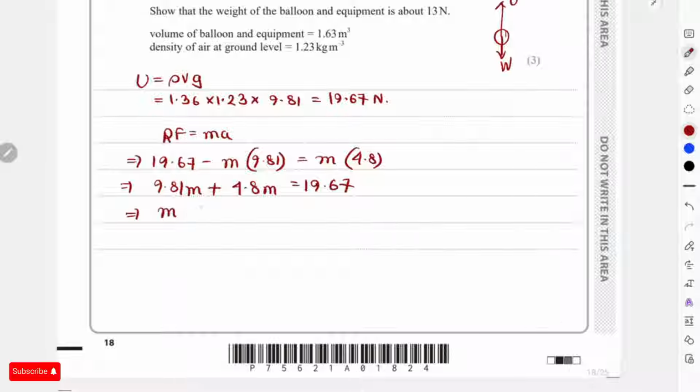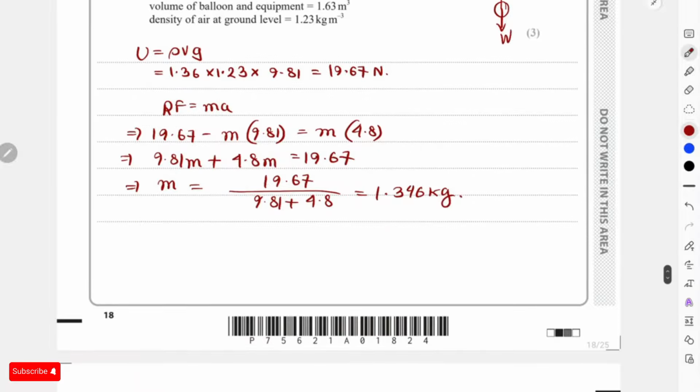Okay, I'll take m as the subject, and that will be basically 19.67 over the summation of these two, 9.81 plus 4.8. And if you calculate it, you get 1.346 kg.